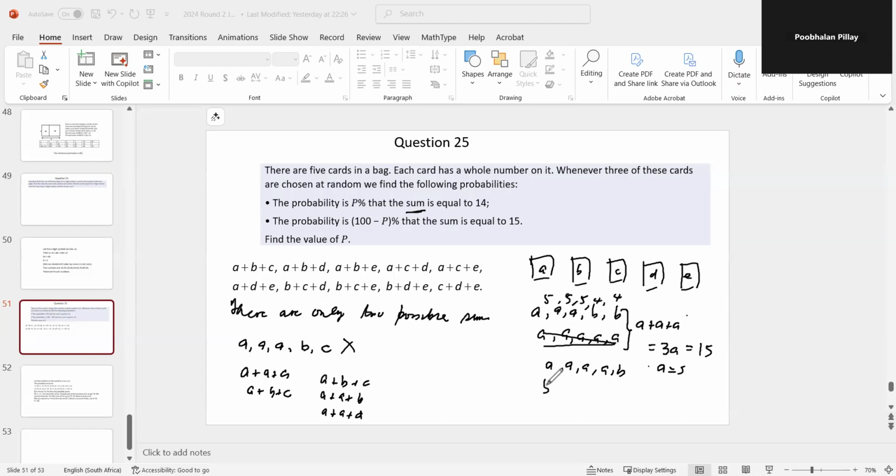5 plus 4 plus 4 is allowed in the first scenario. And that is different from the two sums that we have. So this is also out because that gives you a new number. So the numbers that we have, 4 of them are the same, and 1 is different.